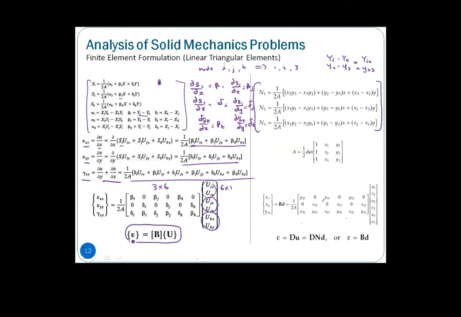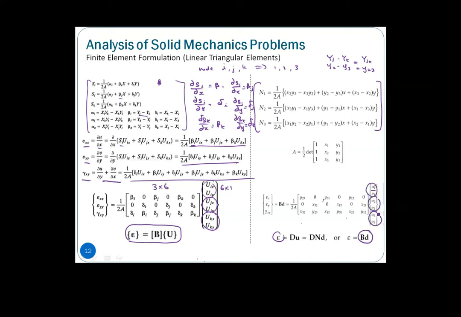The other way is also the same. If you have it in terms of N1, N2, N3, you get the same relationship, epsilon equals B d. This d itself is basically our u1, v1, u2, v2, and u3, v3.